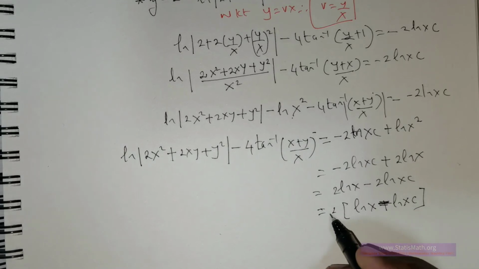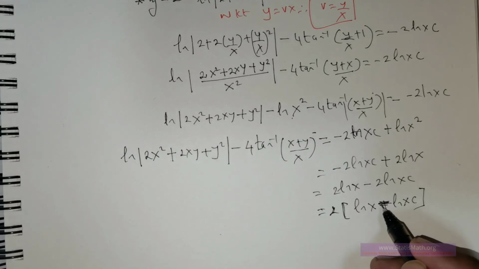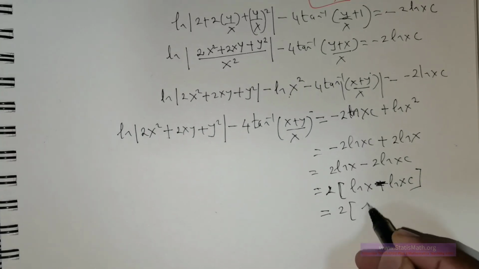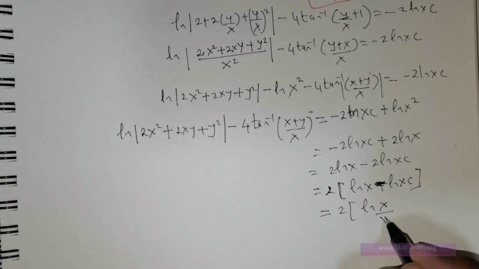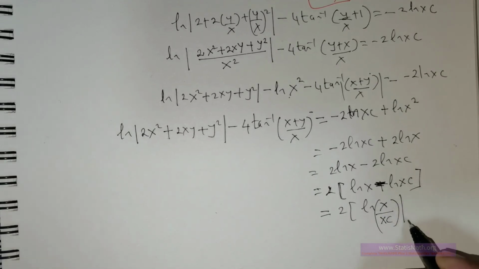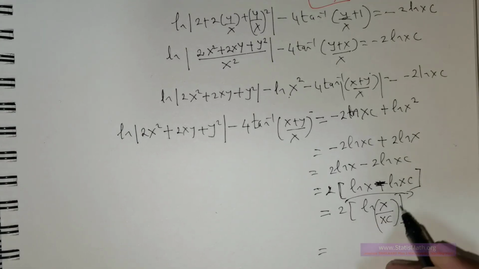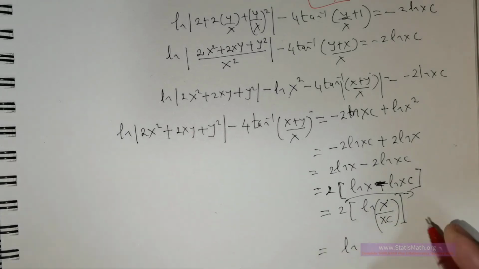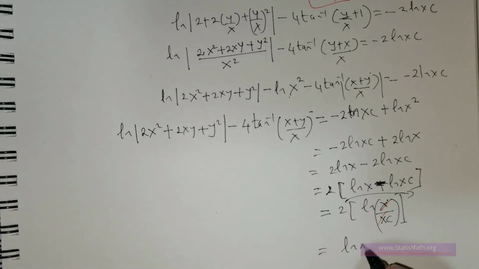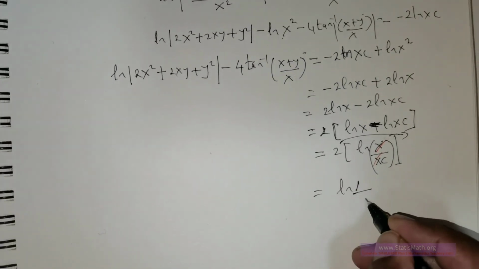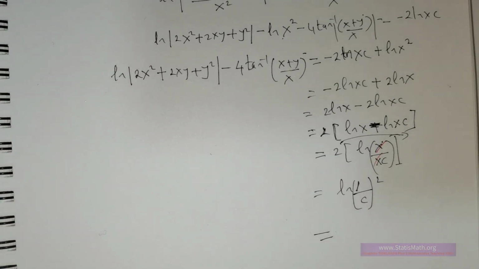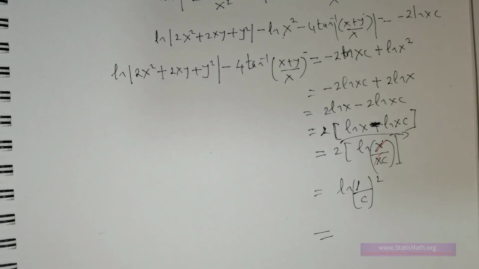So this is actually 2 of ln x minus ln xc, which can be rewritten as 2 times ln of x divided by xc. Okay, you are having it something like this. So this is equal to, now if I move the 2 there, it's going to be ln of, the x that you see here can be cancelled. So that is going to give me 1 over c raised to the power 2, which can simply be written as ln c.